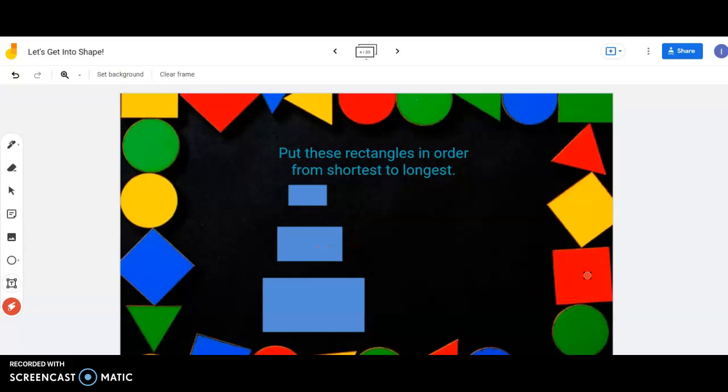The middle rectangle is longer than the one on top, but shorter than the one on the bottom. These facts tell us that the one on the top must be shorter than the one on the bottom. That's how we know that the shorter first rectangle is shorter than the longer rectangle.